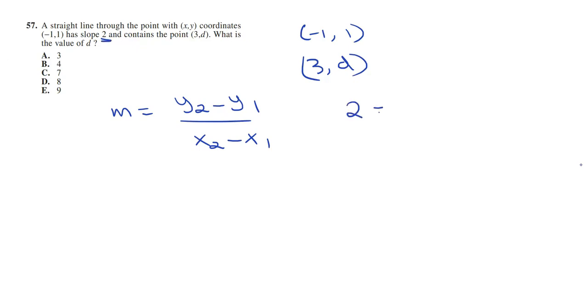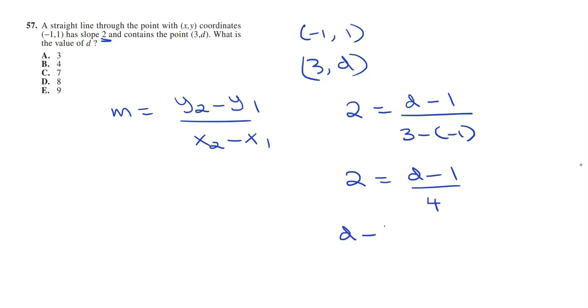So 2 equal to y2 minus y1, D minus 1, over 3 minus -1. So we have 2 equal to D minus 1 over 3 plus 1, which is 4. D minus 1 equal to 8 because we're going to cross multiply. And D is equal to 9.